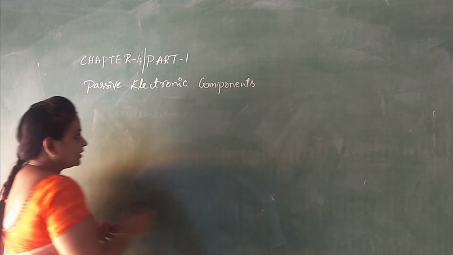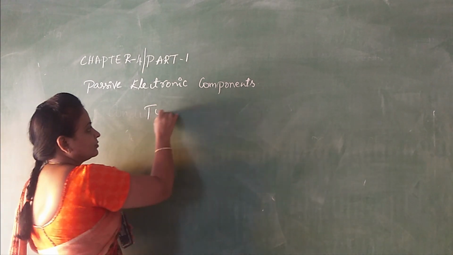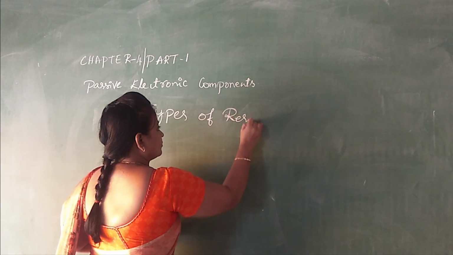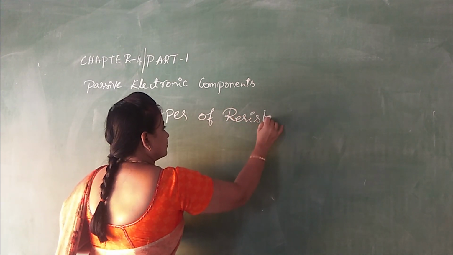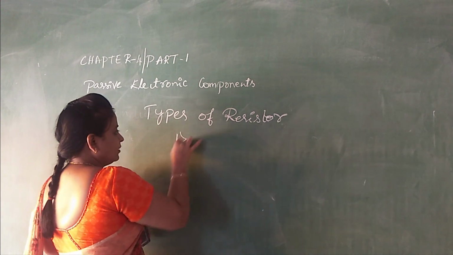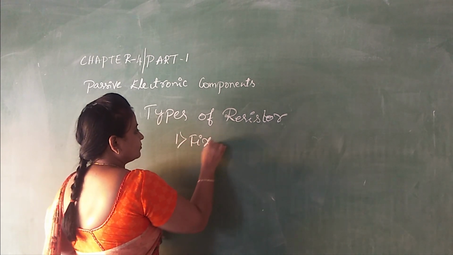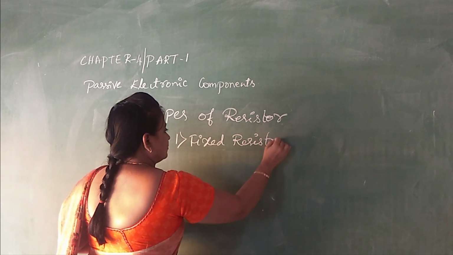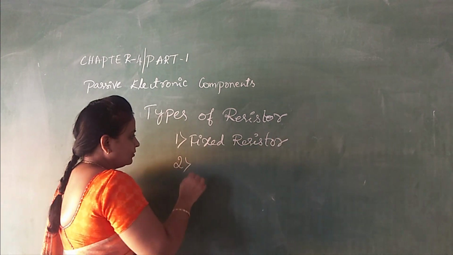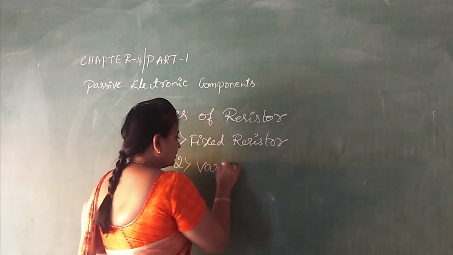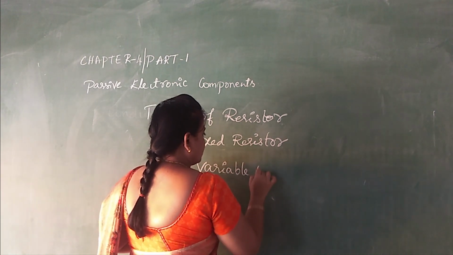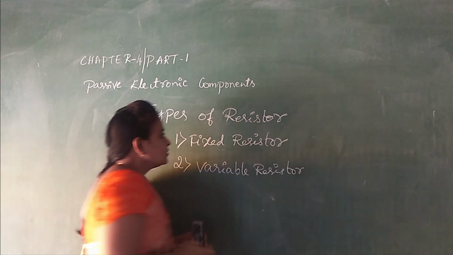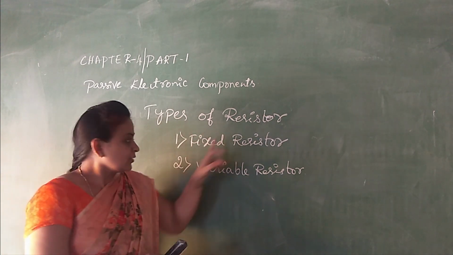Next we have types of resistor. In types of resistor, we have two.